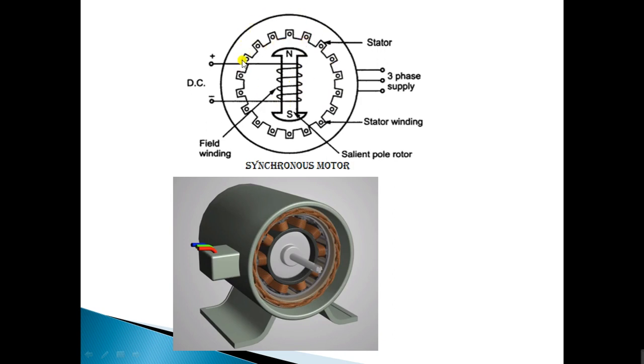It runs at synchronous speed, so this magnetic field is called a rotating magnetic field. The rotating magnetic field creates an effect similar to the physical rotation of magnets in space at synchronous speed. It is a magnetic field, but it virtually creates poles, that is N and S.